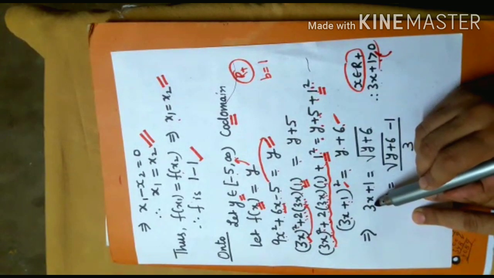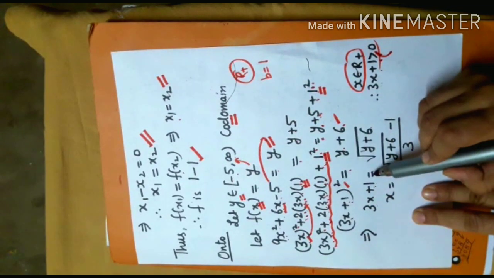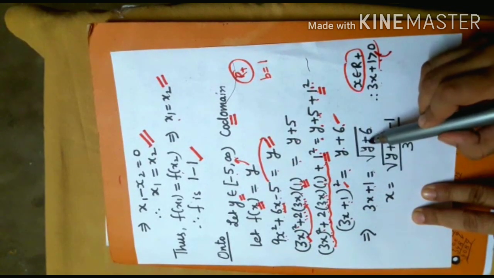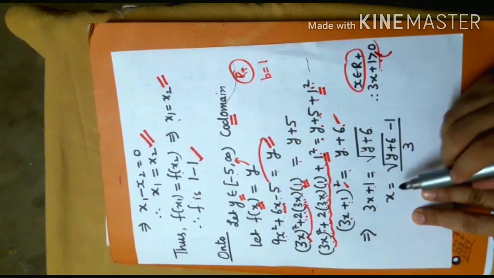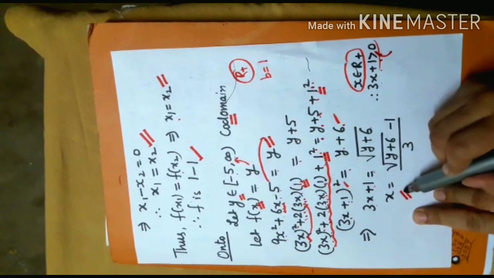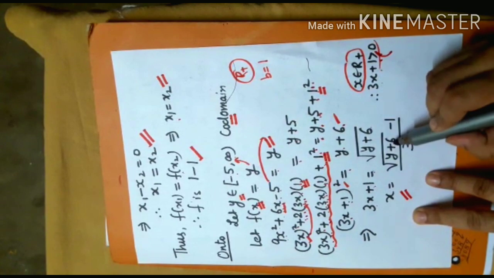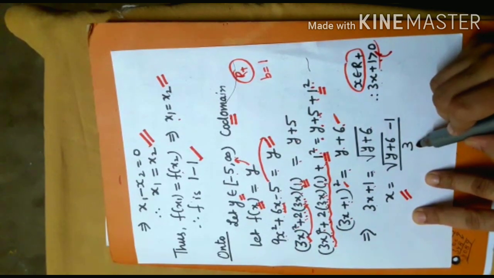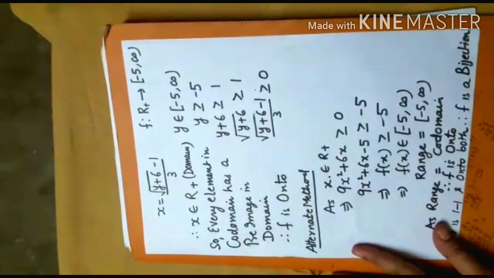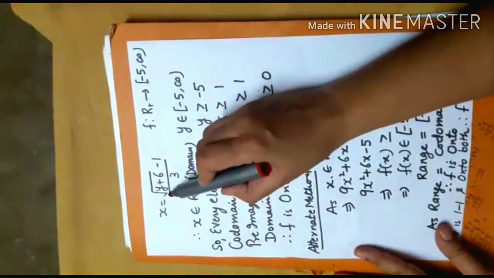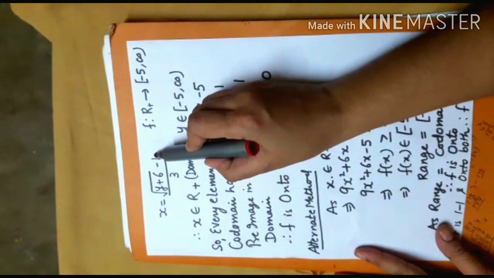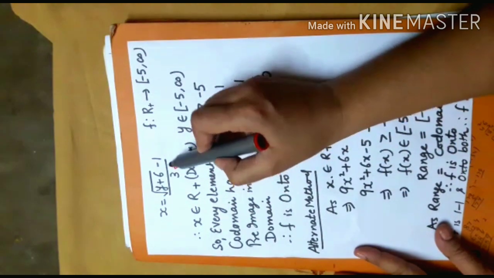On taking square root, 3x plus 1 will be equal to square root of y plus 6. So from here, x will be equal to (square root of y plus 6, minus 1) over 3.